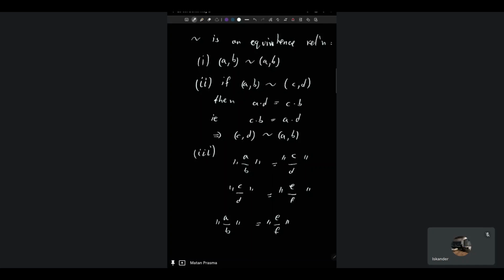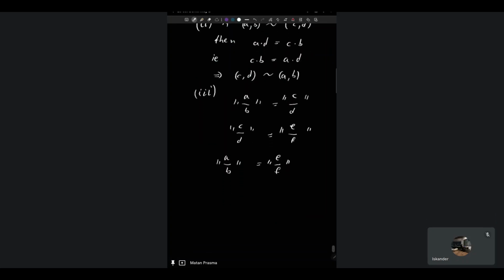It's very similar to what we did before. And I define the rational numbers as the quotient. You take a pair of integers such that the second coordinate is non-zero, and you mod out by this equivalence relation.